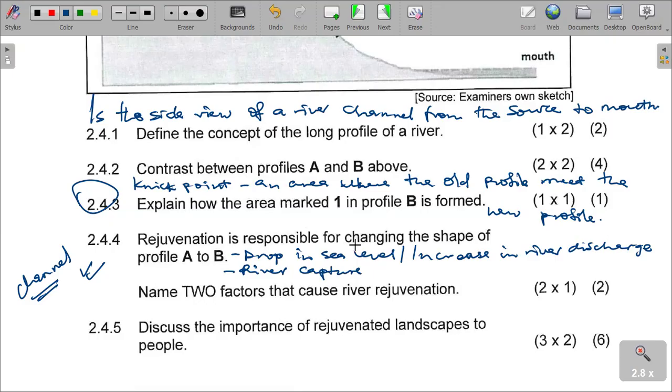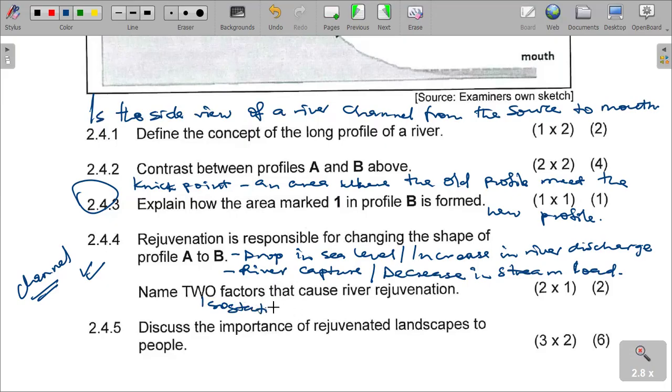It can also be caused by a decrease in stream load. And eventually we can also talk about isostatic upliftment.